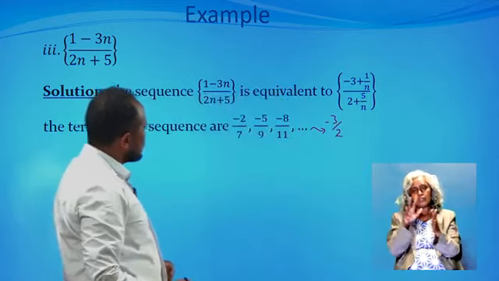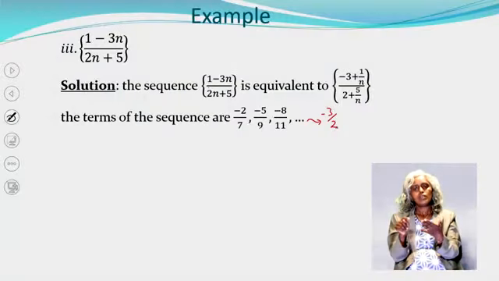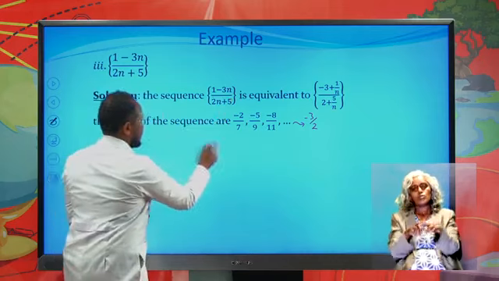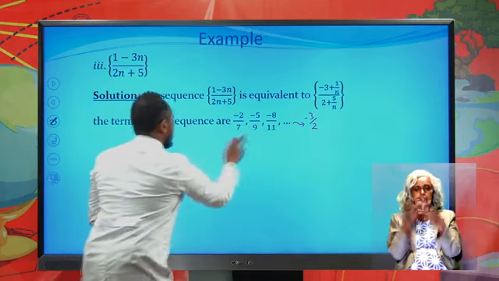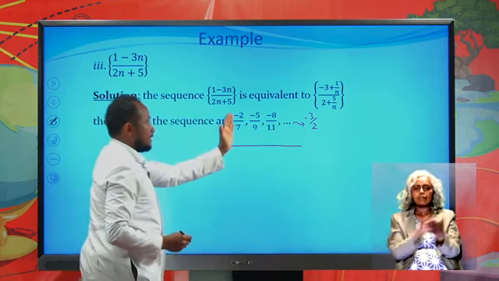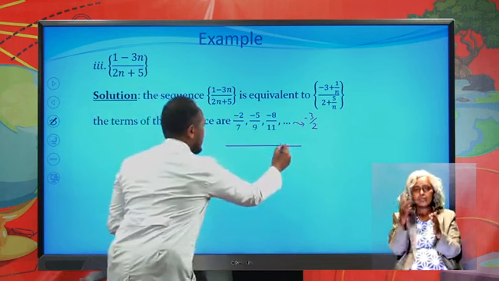Negative 3 over 2. So when you look at the values of this sequence, let me put it like this. When you see these numbers, by the way, negative 2 over 7 is here.